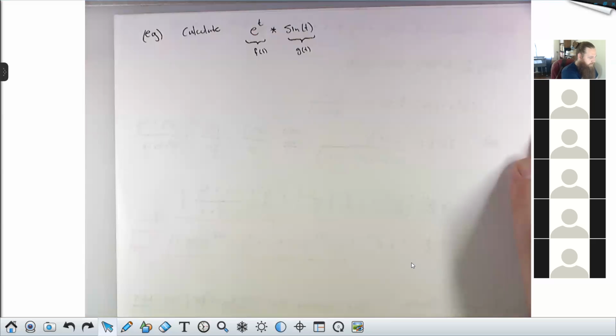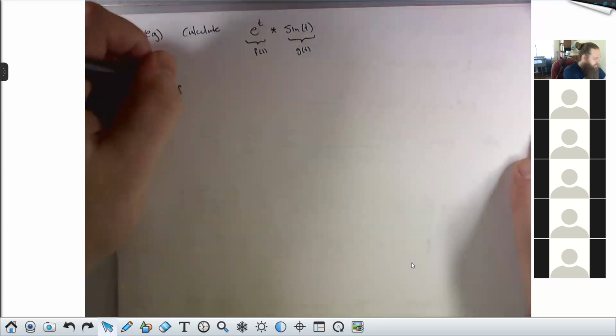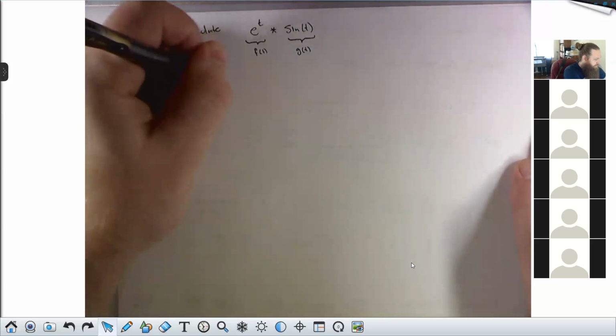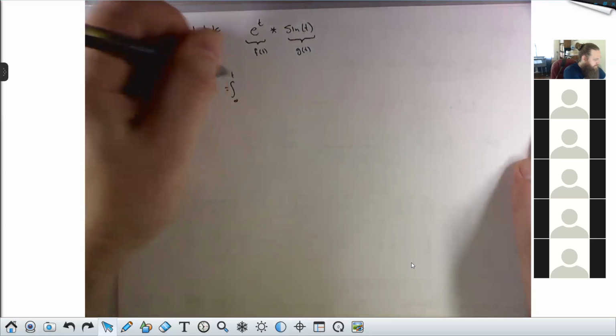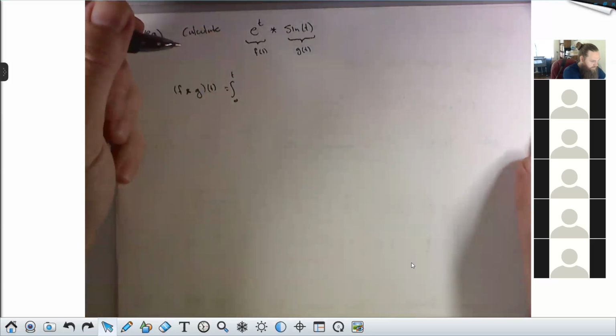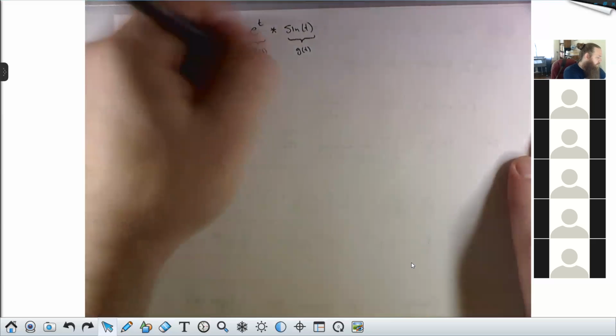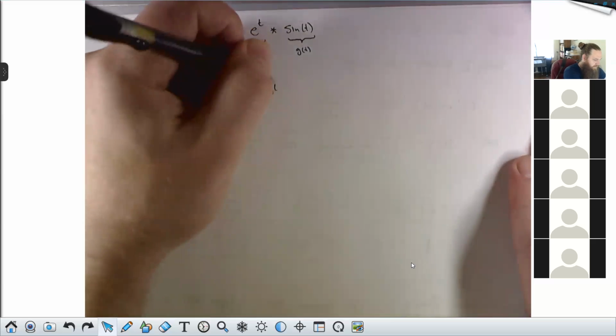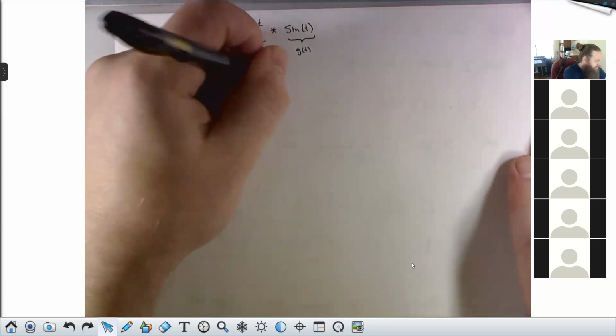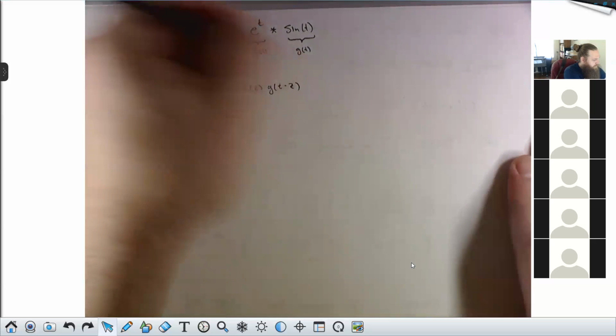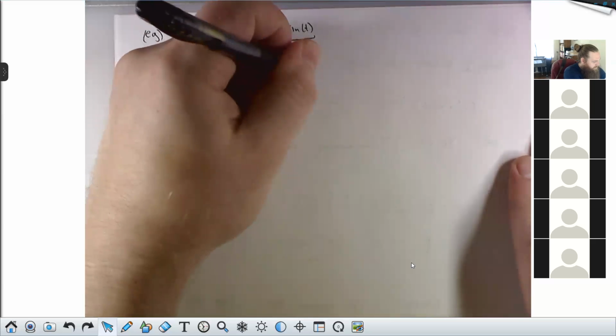And if we just follow the definition, remember (f star g)(t) is the integral from 0 to t of f(z) times g(t minus z) dz.